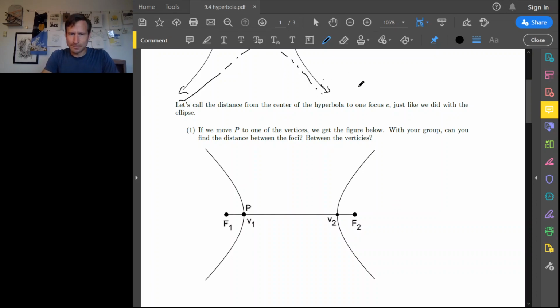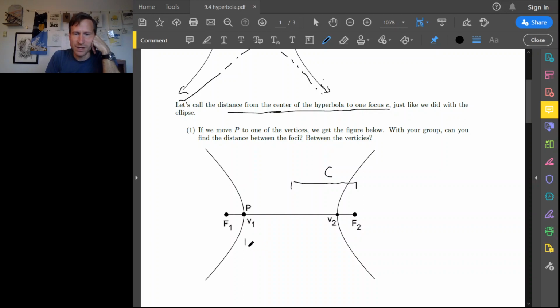Okay, so up here we said we were going to call the distance from the center of the hyperbola to one focus c, so that's this distance. And we said that the difference of distances is always 2a.